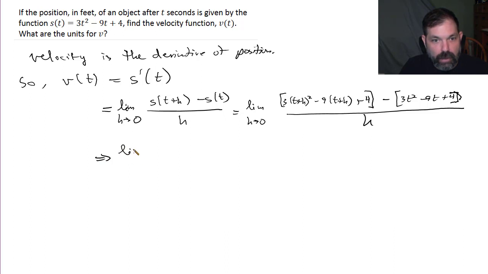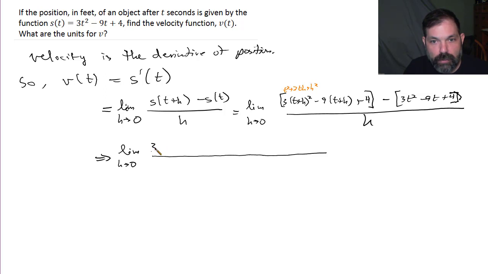Expanding, limit h approaching 0. I'm going to do all the expansion in one step here. Remembering that t plus h squared is t squared plus 2th plus h squared.